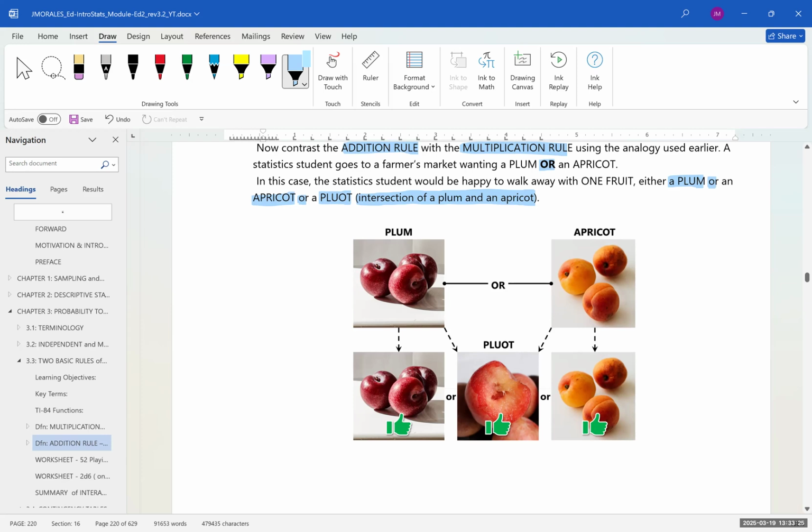Okay. So if a student wanted a plum or an apricot, they would be happy with walking out of there with a plum, an apricot, or the intersection of the two, which would be a pluot.